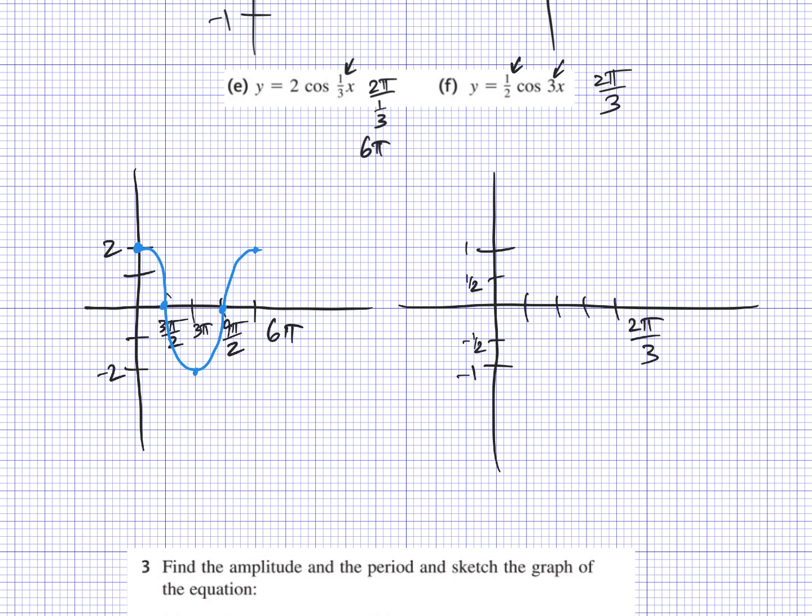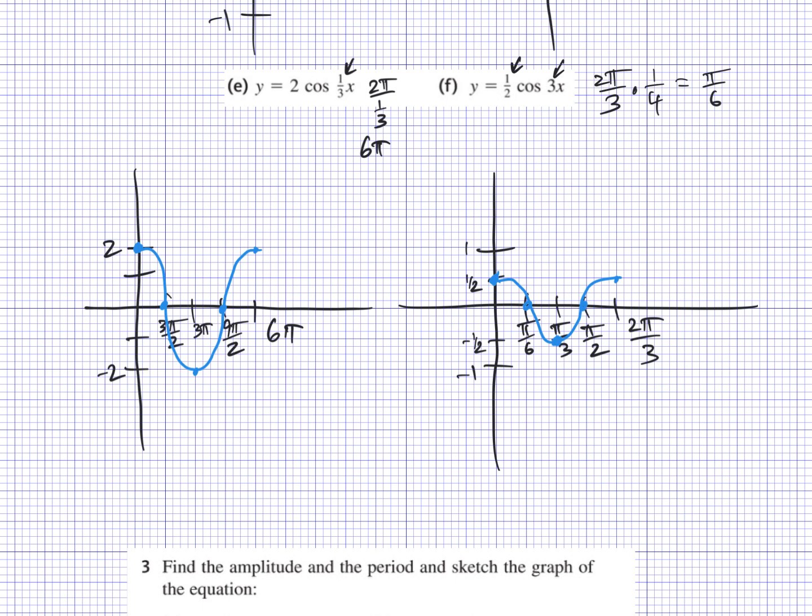And we divide that by 4, or we multiply by 1/4. That gives us pi over 6. So it's pi over 6, 2 pi over 6, 3 pi over 6. Now mark it. It goes through at 1/2, pi over 6, the bottom is pi over 3, pi over 2 goes back through, and 2 pi over 3 back up. Okay?